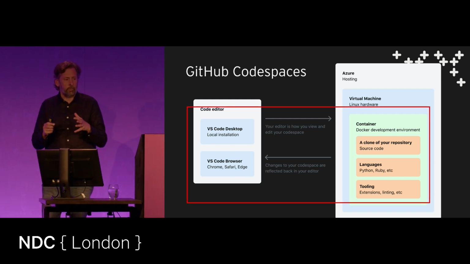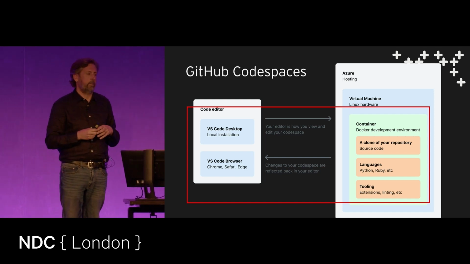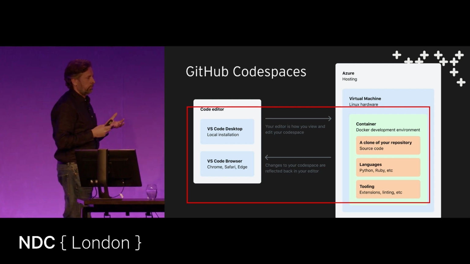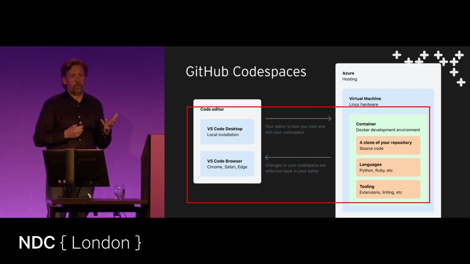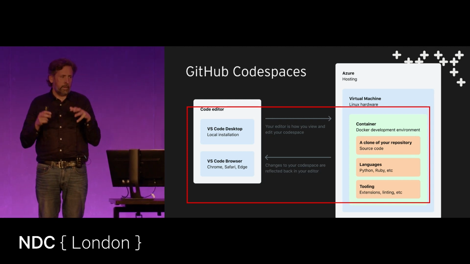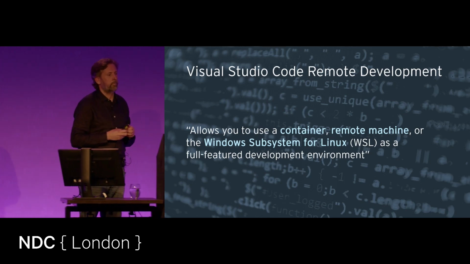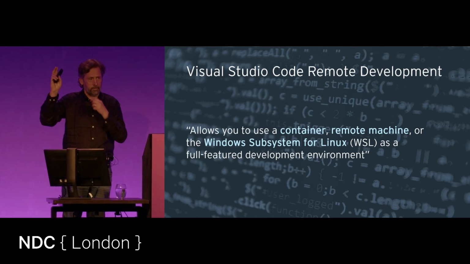But the interesting thing now is that this thing that I put in the box here, all of that is actually built on top of something that has been available in Visual Studio Code for quite some time now. And this is called Visual Studio Code Remote Development. Has anyone used it here? Yeah?